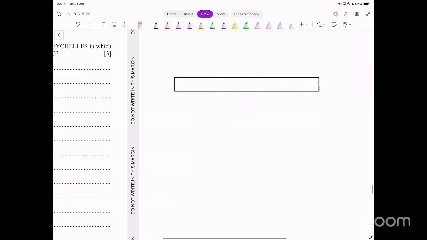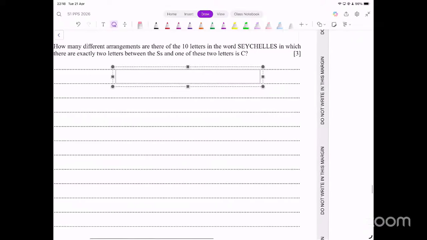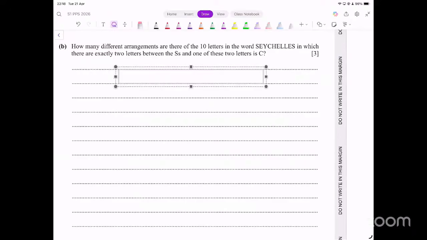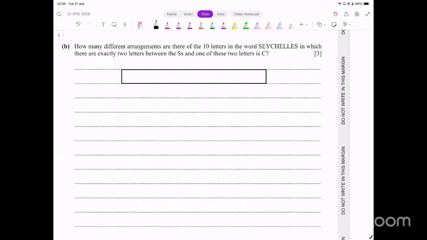Now, let's make this box like this. There is a total of 10 letters, right? We can say we've got these 10 boxes. Now, between the 2 S's, there are 2 other letters.